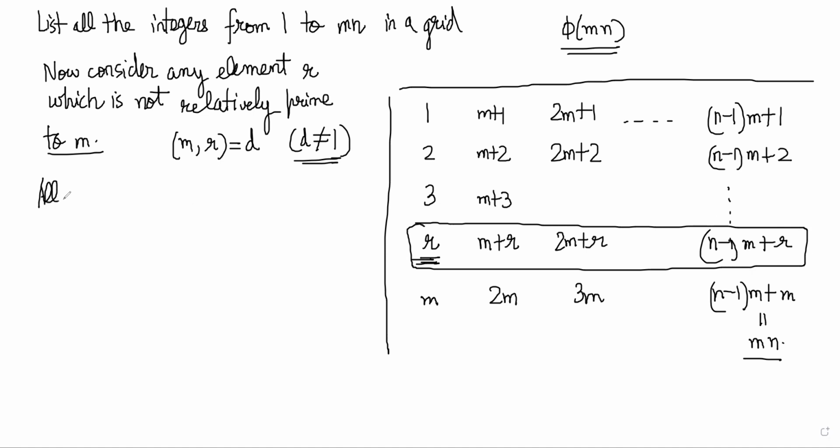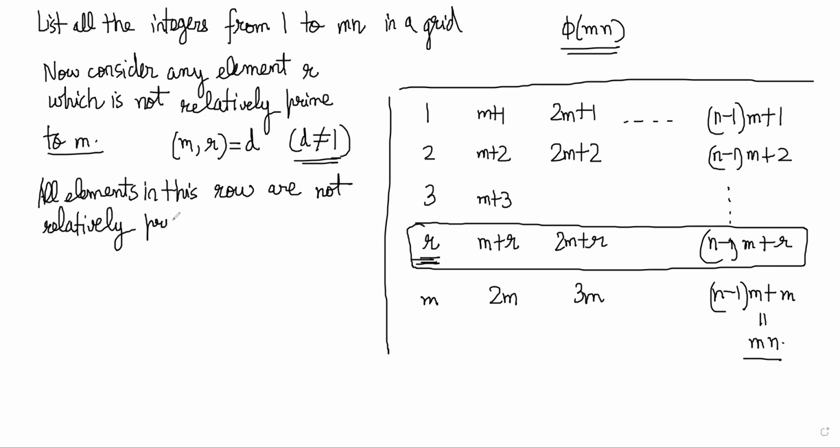So all elements in this row are not relatively prime to m, right? Because the GCD of m and r is d, so you can see that d definitely divides both of these, right? It divides m and divides r. It divides 2m and r. It divides n minus 1 times m and r, right? So there is a common factor. So d divides all of the elements of this row.